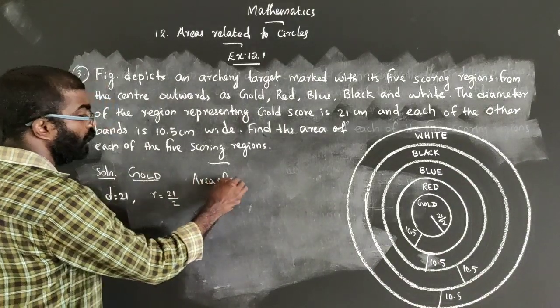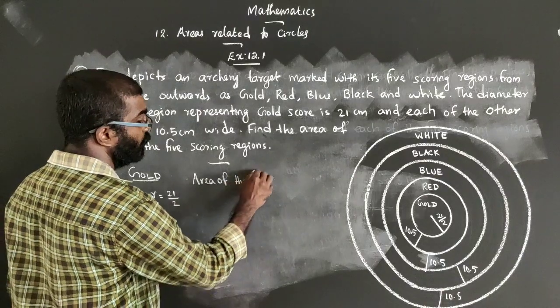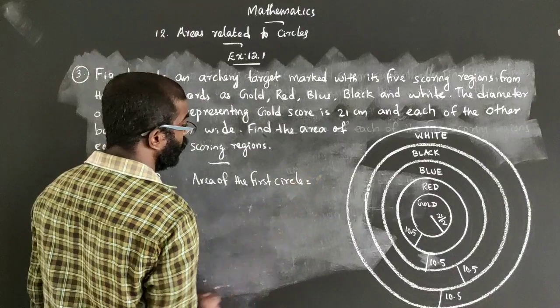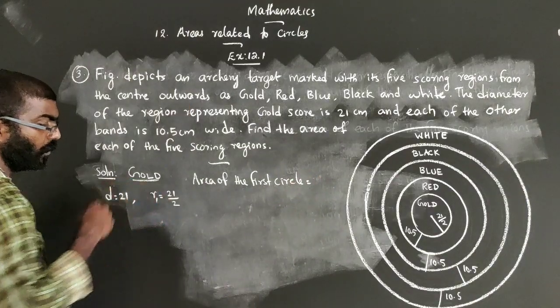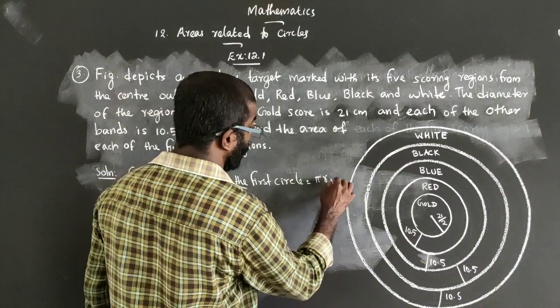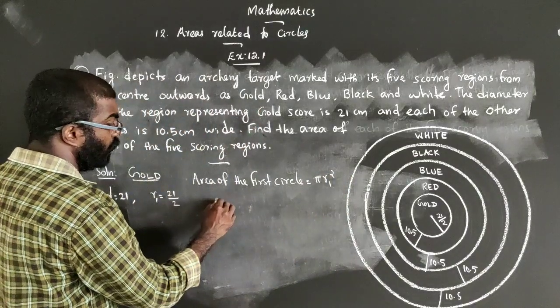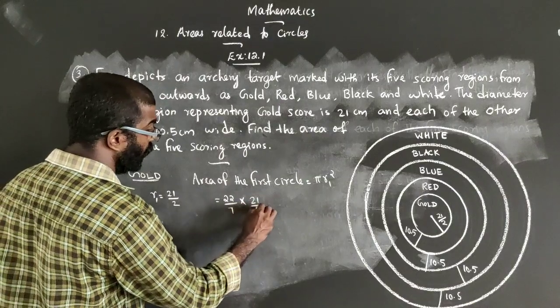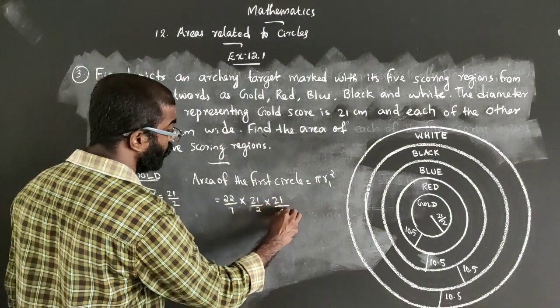Area of the first circle is equal to, then we can denote the radius by r1, π r1². Pi value is 22 by 7, then into 21 by 2 into 21 by 2.